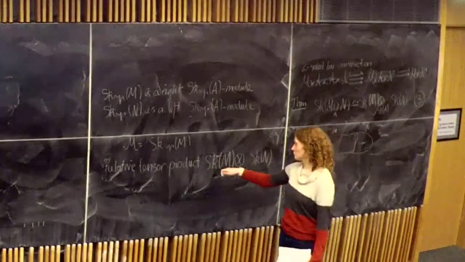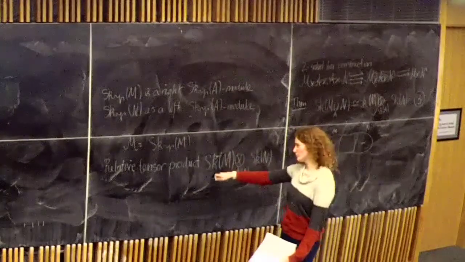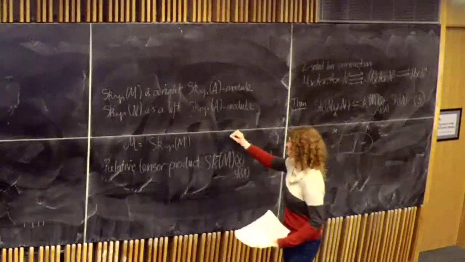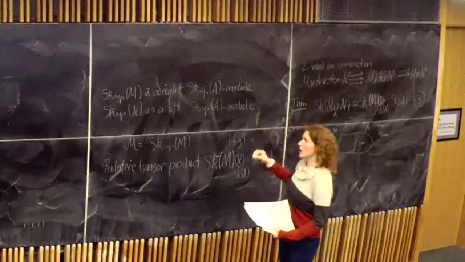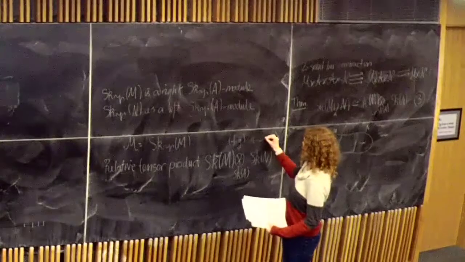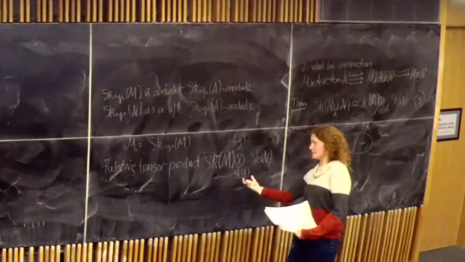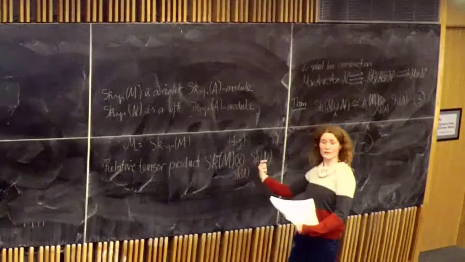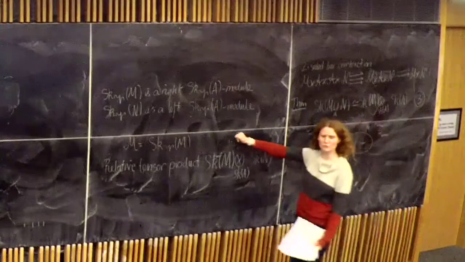So it has objects in here, morphisms in here, and tuples of morphisms. And it also has a bunch of isomorphisms. What the isomorphisms do is essentially relate the action of A on here to the action of A on there. And so you have to prove that this thing is equal to that definition of relative tensor product.